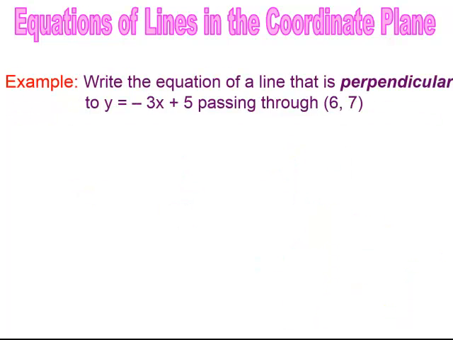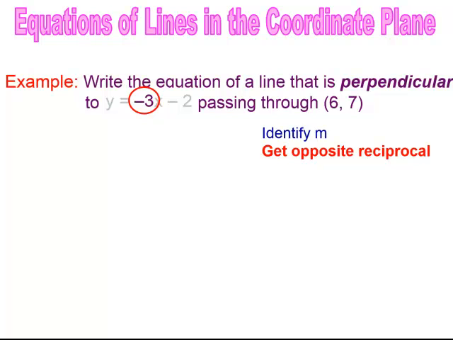So you're asked to write the equation of the line that is perpendicular to y equals negative 3x plus 5 that passes through the point (6, 7). So when you see the word perpendicular and you're given an equation of the line, you want to take the slope in that equation, and that's all you need from that equation.